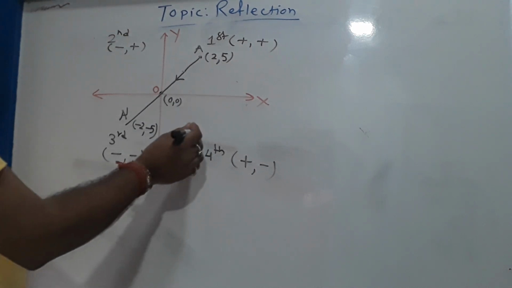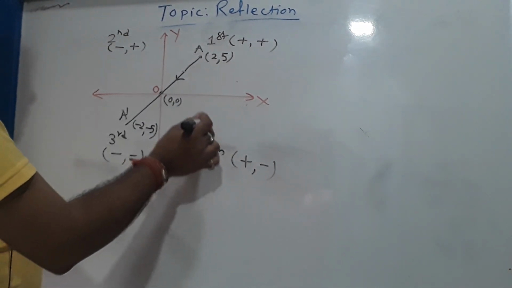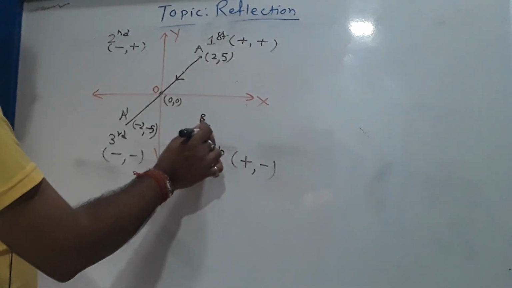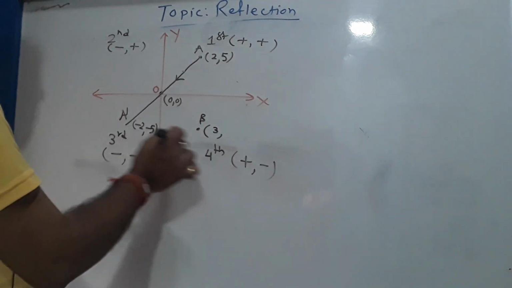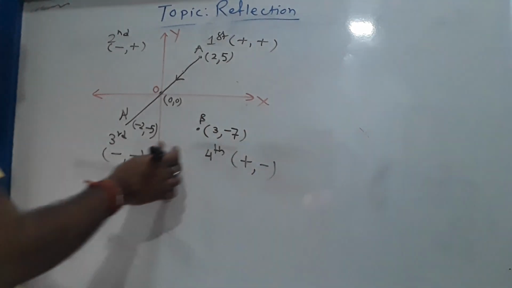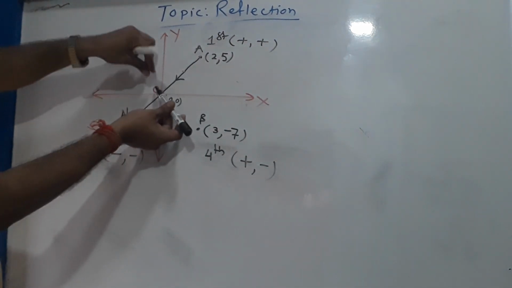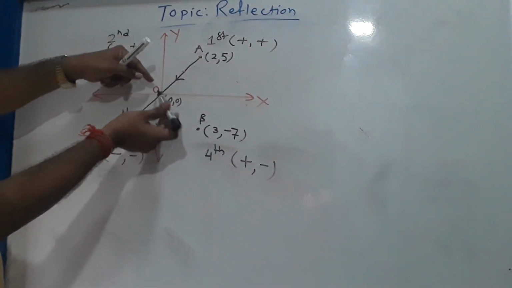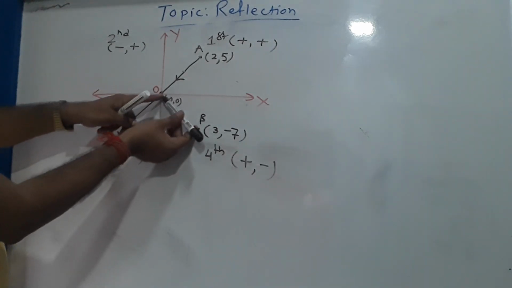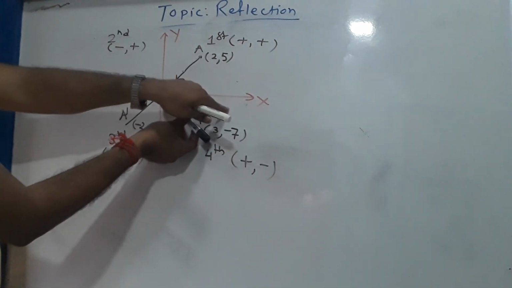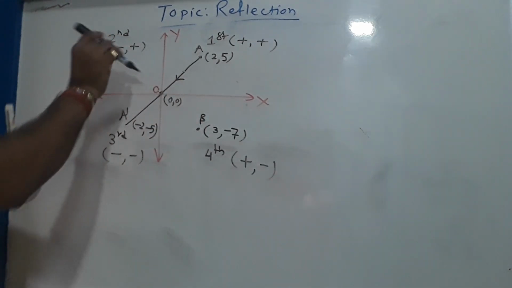Let us take one point in the fourth quadrant: x positive, so 3, y negative, minus 7. Now reflect this point in the origin. This is the fourth quadrant. The fourth quadrant will go to the second quadrant.